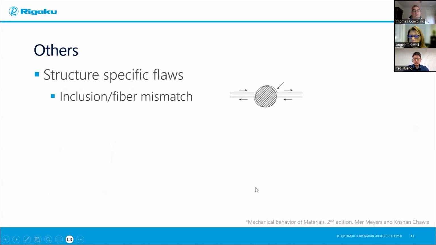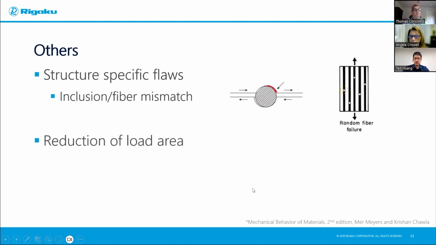For inclusions, if you have a mismatch between your inclusions and your matrix, then the edge will tear open. Then you essentially are still creating a crack or a void in your material. Similarly, with fibers, if you have random breakage of your fiber, you're creating voids and cracks inside your product. So although it's not technically exactly the same, it leads to the same idea of why they are structural weak points.